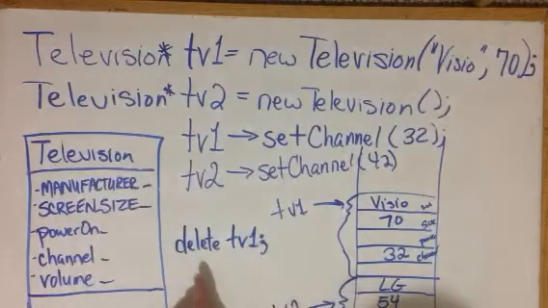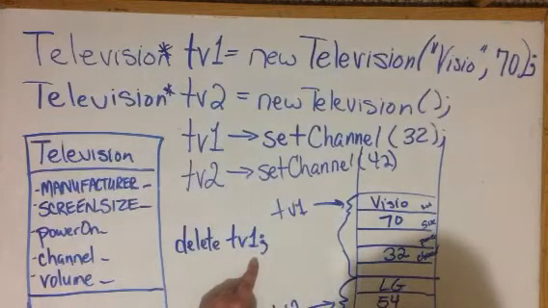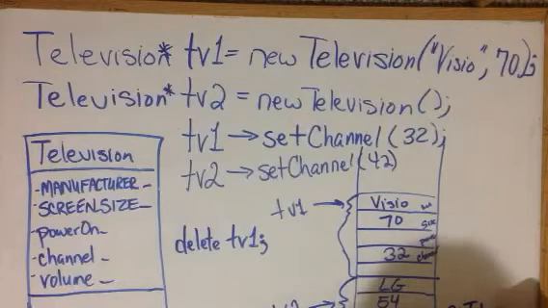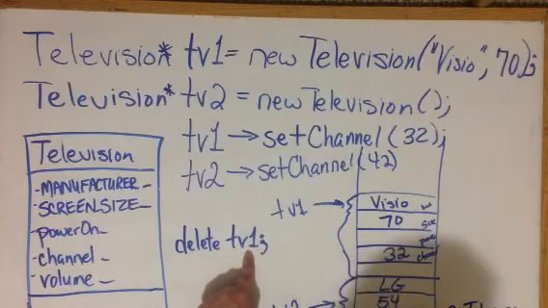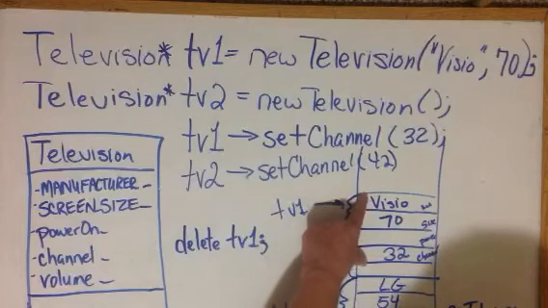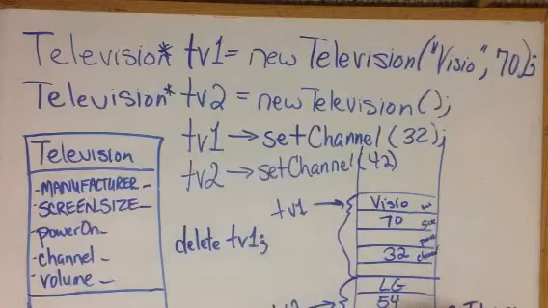So if we delete TV1, then that destructor, that's defined with the tilde, whatever is in that method for television will be executed when we delete it. When we release it, it goes through and does its own management of releasing.